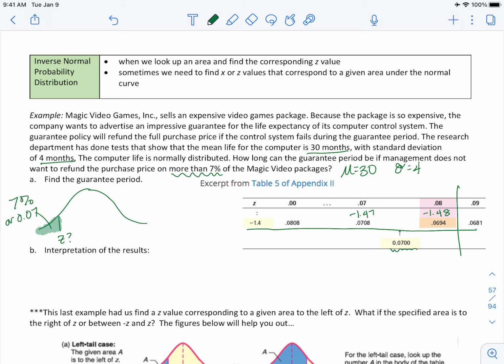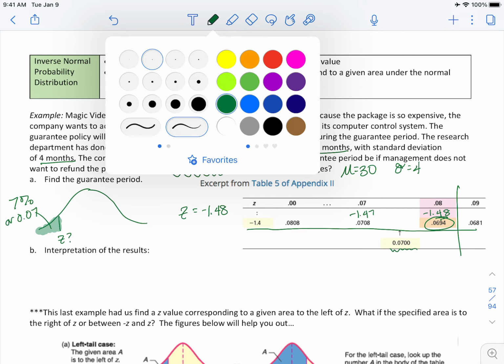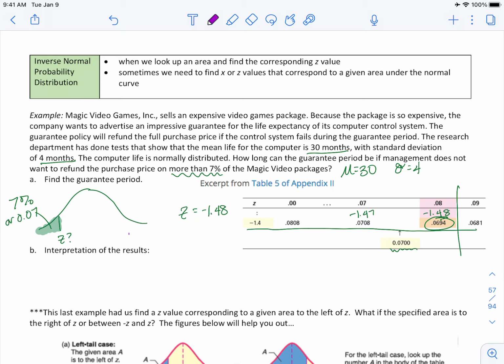But we're looking at this one is closer. So from the table, our z is going to be negative 1.48. Now, in the calculator, I think this is a little bit more efficient.